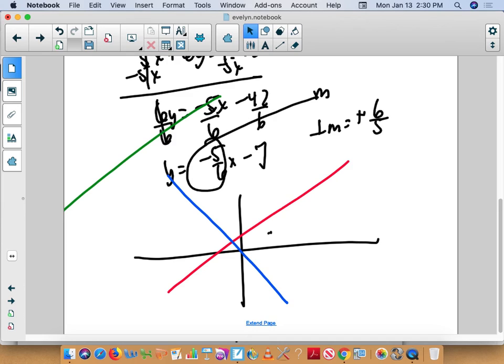You should get something with boxes 1 through 6. Put January 13th on it.